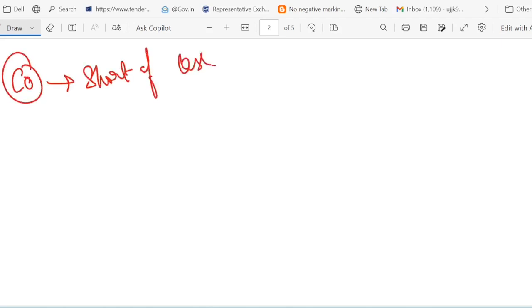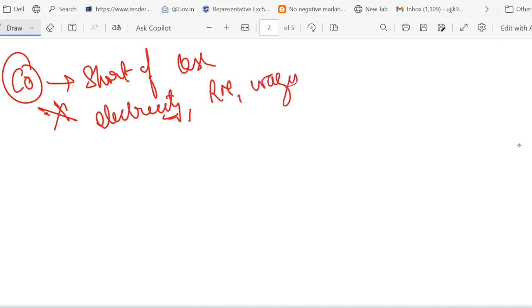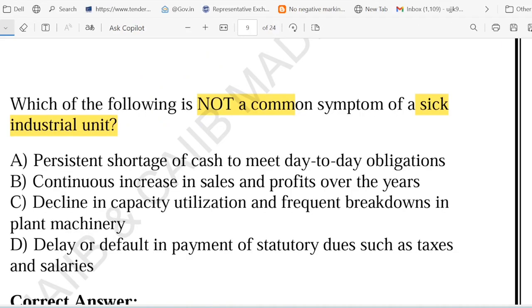It cannot even pay for daily expenses like electricity, raw material, or wages. It shows that the business is in financial trouble. So imagine a factory that has to borrow money every week just to pay workers. That is clearly a red flag, isn't it? So persistent shortage of cash to meet day-to-day obligations, yes, this is a symptom. So option A is a symptom.